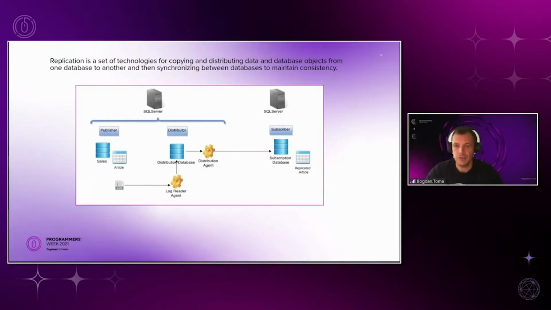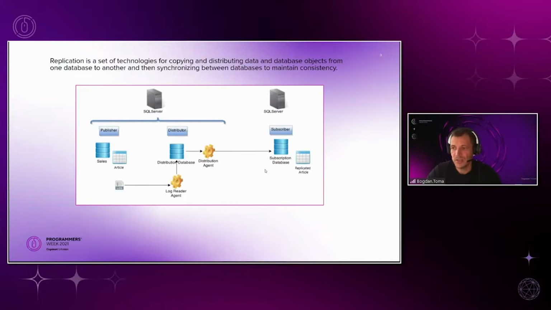A common architecture for replication will look like this. We will have two sides, one for the publisher and one for the subscriber. On the publisher side, we will have the database that we want to publish, the articles that we want to replicate, and the distributor.